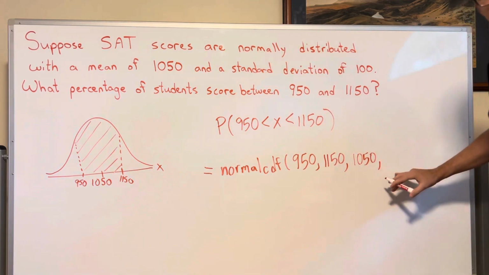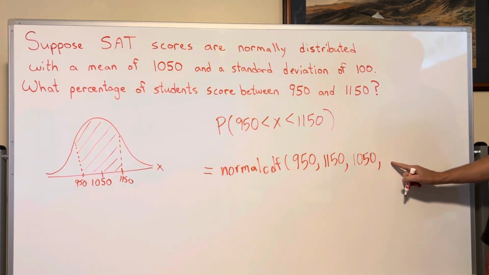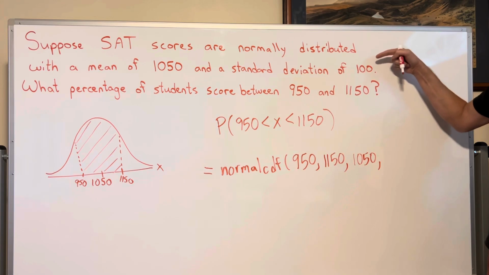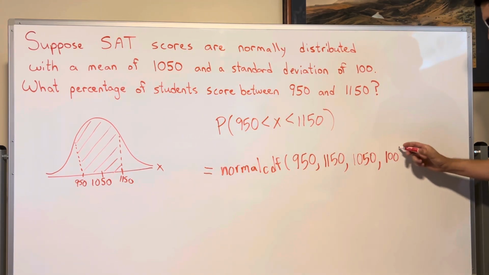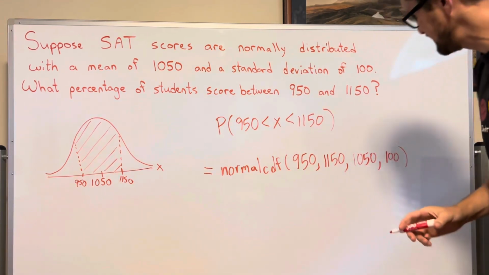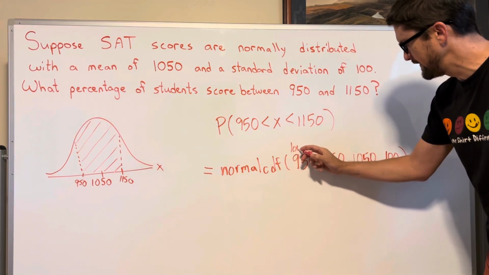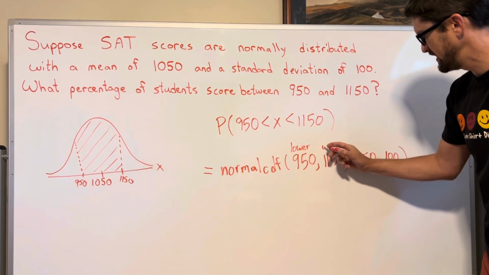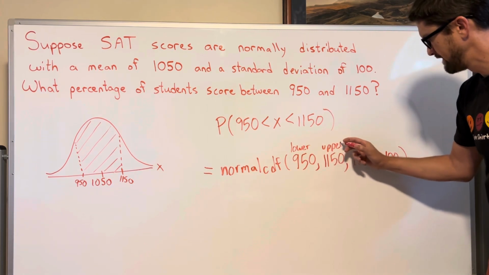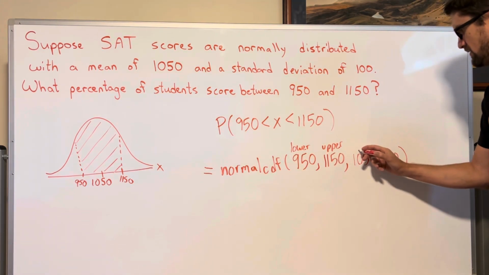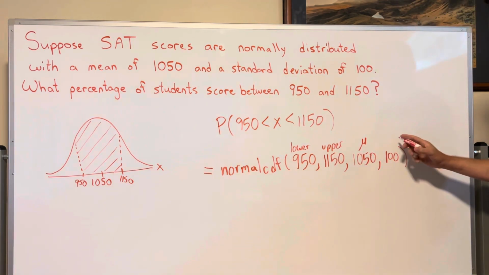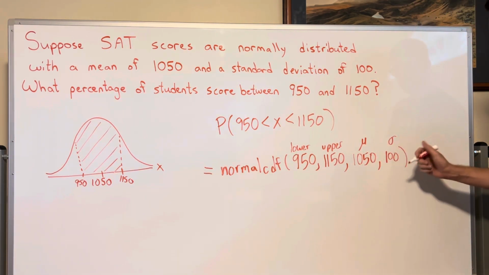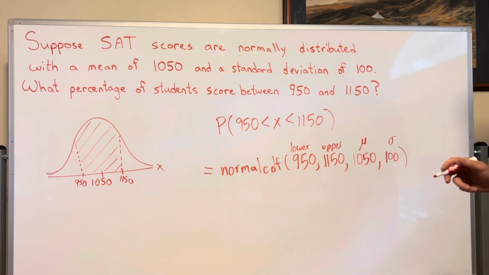And then the last thing you want to tell it is the standard deviation, which is given to you in the problem right here, 100. So those 4 things again, we got the lower bound, the upper bound, the mean, which is the mu symbol, and the standard deviation, the sigma symbol.